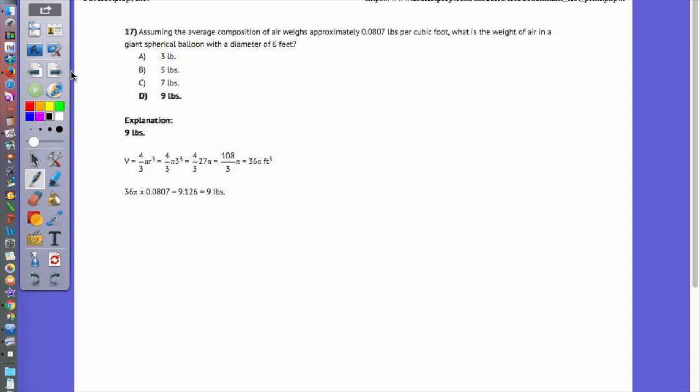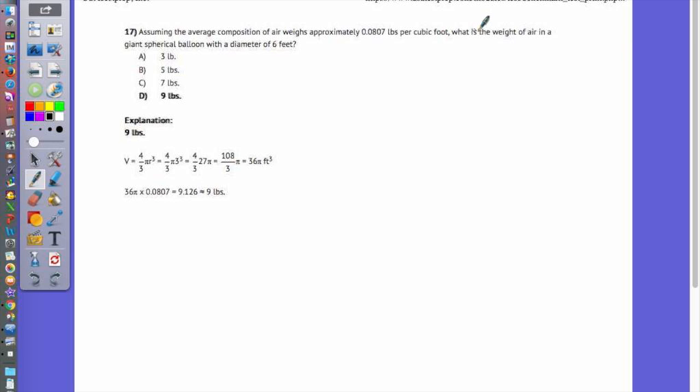So, assuming the average composition of air weighs 0.0807 pounds per cubic foot, what is the weight of air in a giant spherical balloon with a diameter of 6 feet? So the first thing you have to do is find how much volume is in the sphere. The formula for the volume of a sphere is 4/3 pi radius cubed.